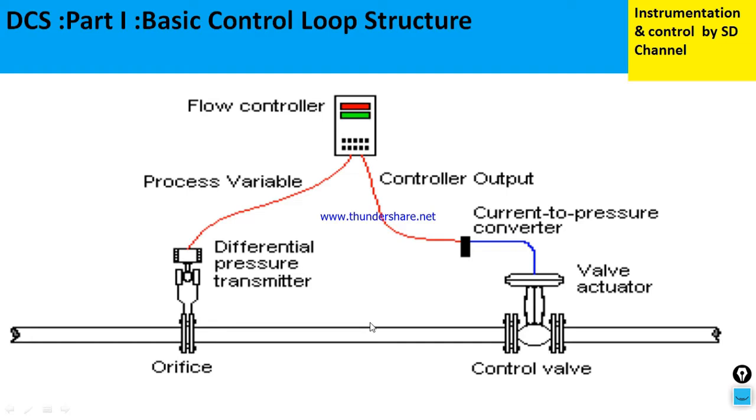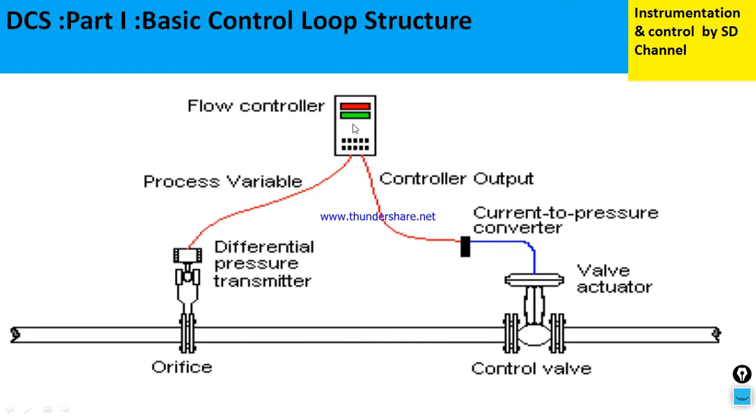For example, this flow controller has a set point of 30 tons per hour, meaning it will always maintain the flow at 30 tons per hour. The input going to the controller is called the process variable, or PV. Now suppose this flow is 25 tons per hour.